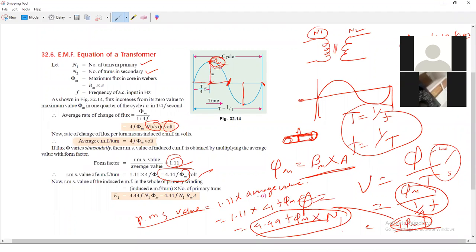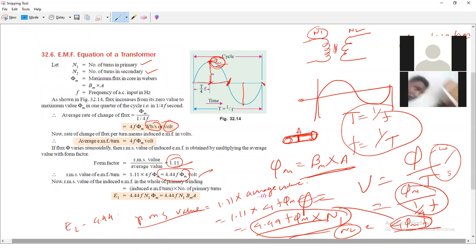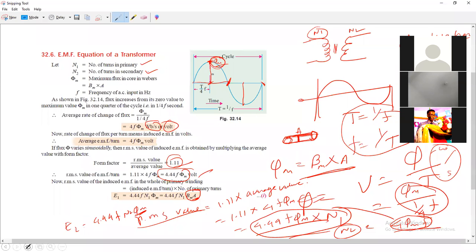If you multiply by N2, then this is the secondary voltage. Okay, so E1 is equal to 4.44 5 mF N1, or E2 is equal to the same 4.44 5, just this is N2 5, and you know that 5 means maximum flux density into F. Okay, all are clear? Yes, so this is the EMF equation of transformer.